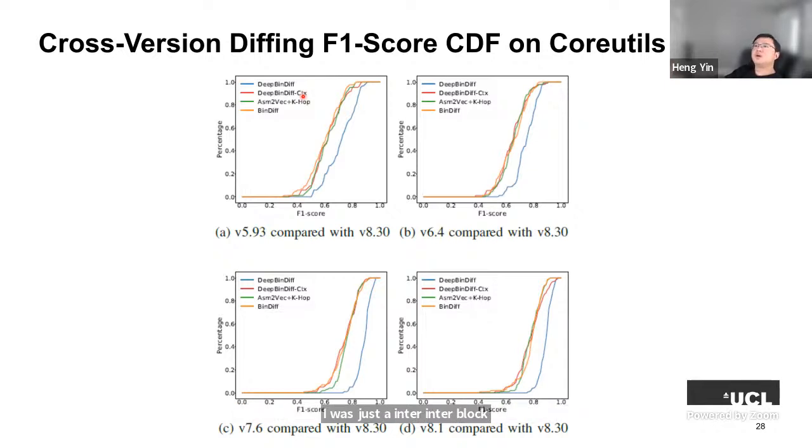Okay, so with that, how good is it, right? I will also use ASM2VEC as an algorithm, just applying K-hop graph matching. Okay, so as you can see, the trend is pretty clear. All the other variants and also the BinDiff algorithm perform much worse than DeepBinDiff.